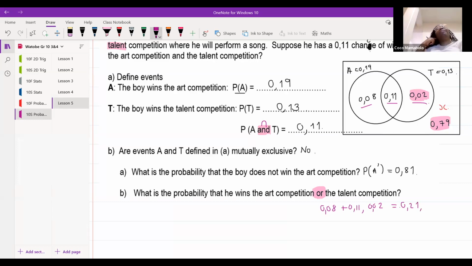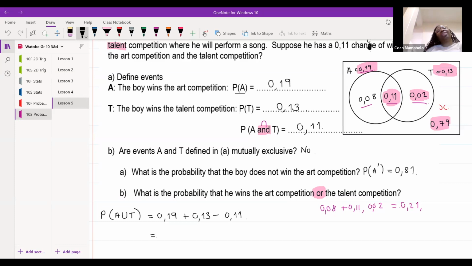Now, if I had to use the addition rule, I would use these numbers up here: 0.19 and 0.13 and the intersection. I'll show you what I mean. The probability of winning the art competition or the talent competition is going to be 0.19 plus 0.13 minus the intersection 0.11.